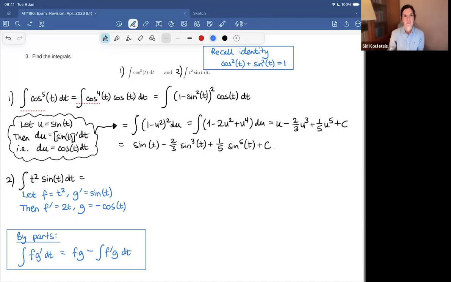So when we integrate sine, we get minus cosine of t. And whatever you have here for your G, well, we can just differentiate it again to make sure that indeed we're going to get sine t. That's a way to check that you've done the right integration.